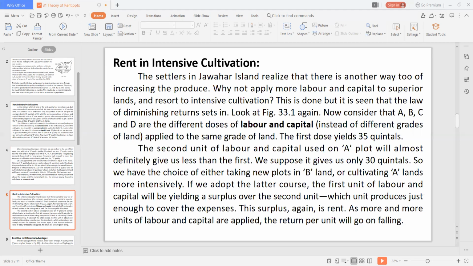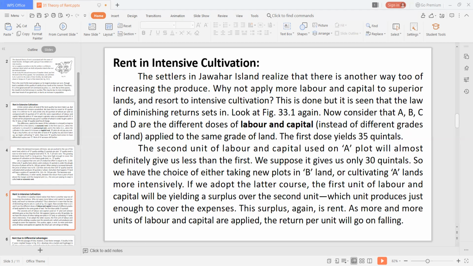The second unit of labor and capital applied on plot A will almost definitely give less than the first. Why? Because it has more fertility. Now, suppose it gives us only 30 quintals. So we have the choice of either taking a new plot of B or cultivating A land more intensively. If we adopt the latter course, the first unit of labor and capital yields a surplus over the second unit.